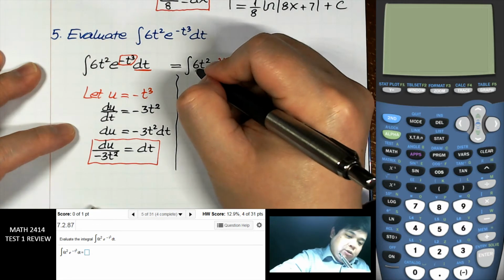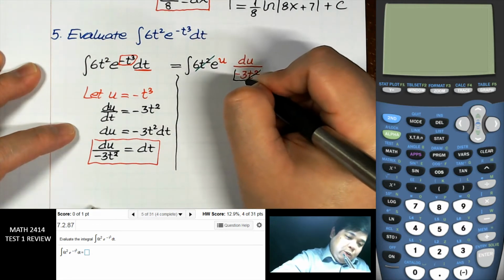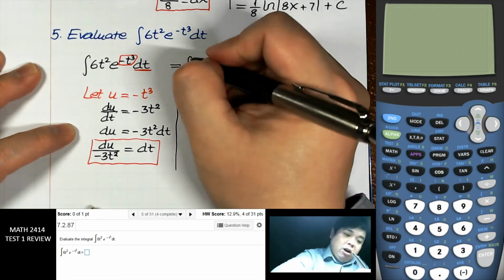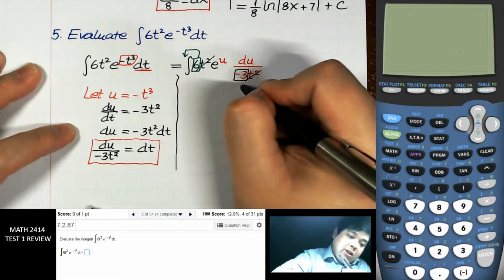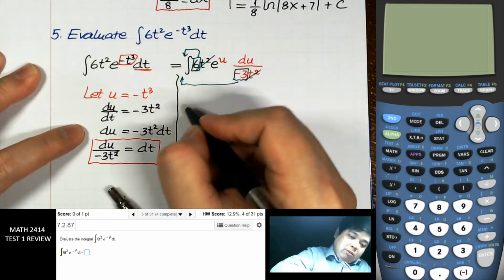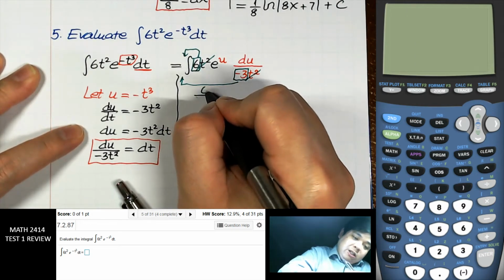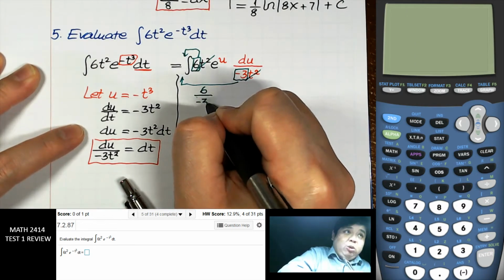T squared cancels out. Negative 3 constant at the bottom, and the 6 constant. The 6 is on the top, the negative 3 at the bottom.